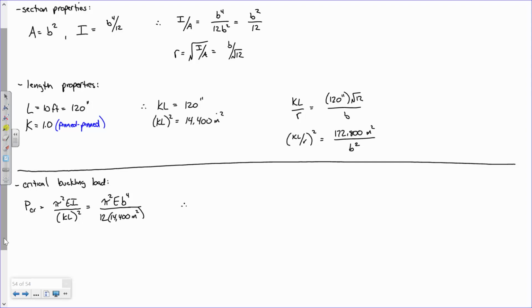Would you agree that b to the fourth is, we take P critical, we need to multiply it by the denominator, so 12, and then on the bottom, pi squared E. Did I do that right? Okay, so what do we got?